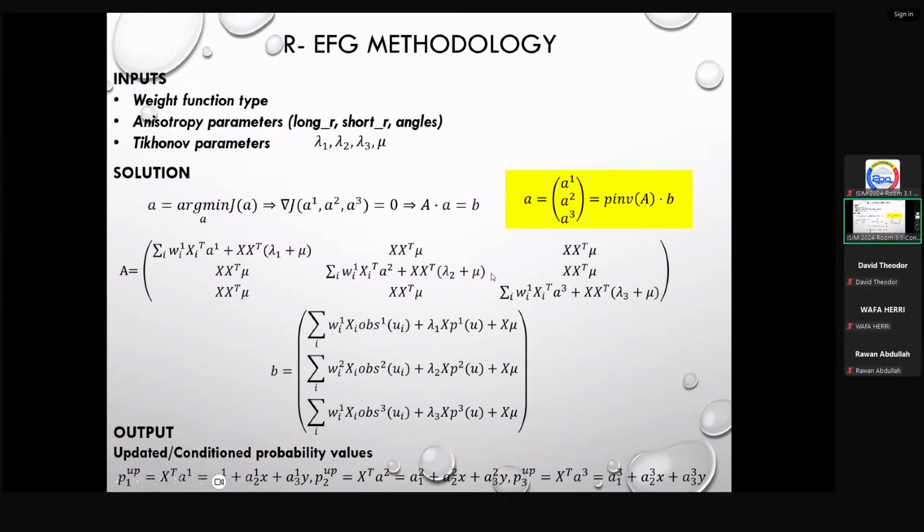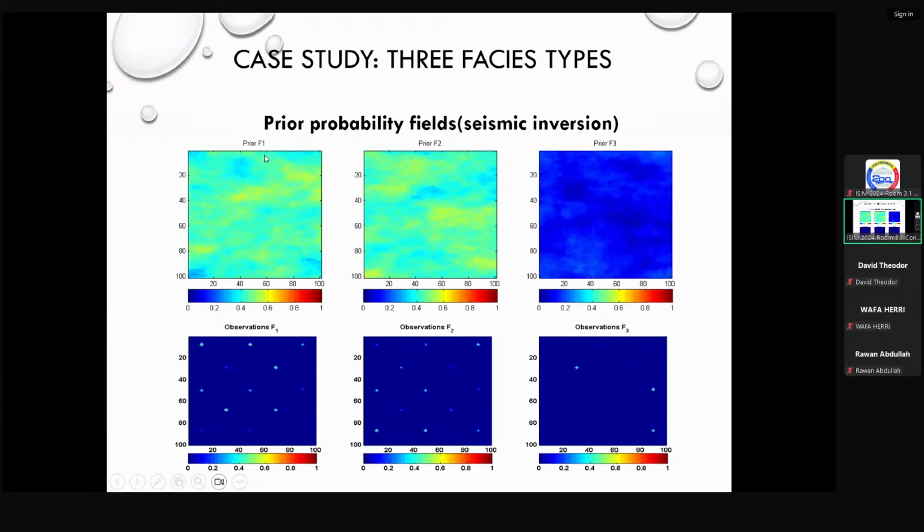We have the solution, and now we are taking into account some variation of the inputs. So we're taking into account the weight function, the anisotropy parameters, and the Tikhonov parameters.